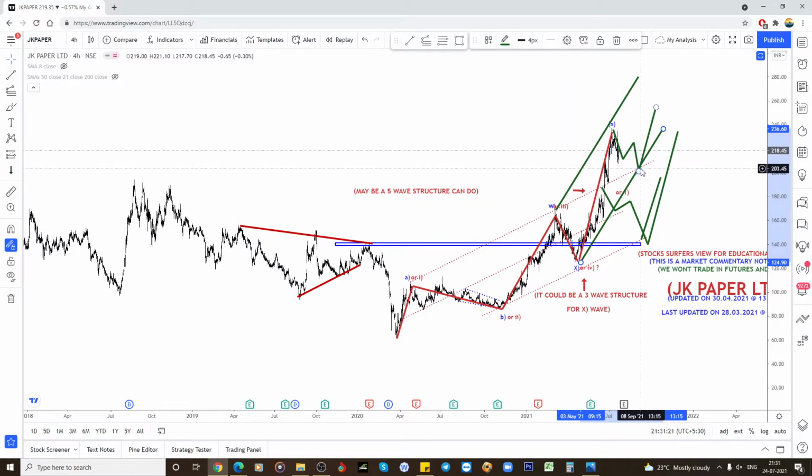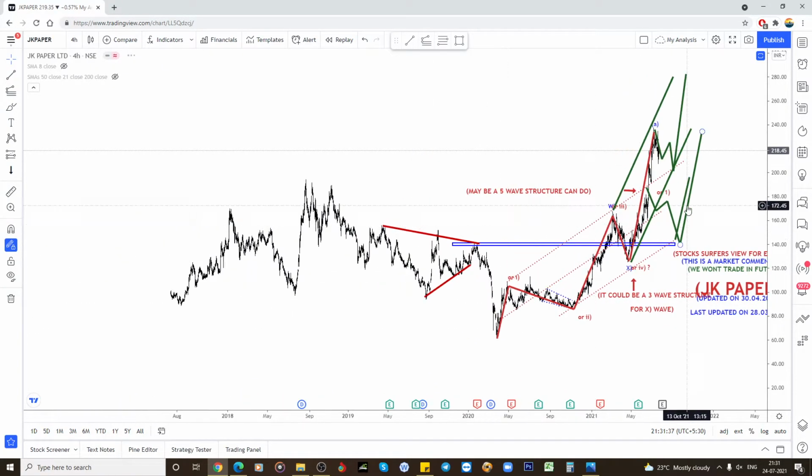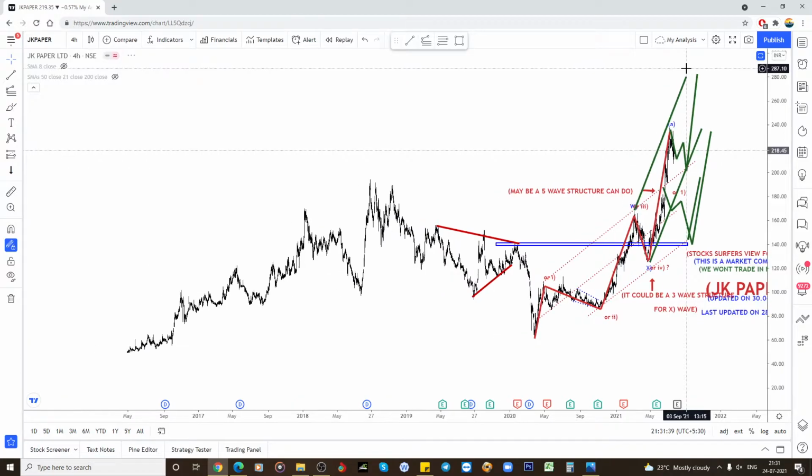Perfectly, it will retest the bottom trend line. Then 1, 2, 3, 4, and 5, and that will be the end of that third wave, bigger 1, bigger 2, bigger 3. So I will remove this A or B. So I'm looking for a target of 300 and above in this JK Paper.